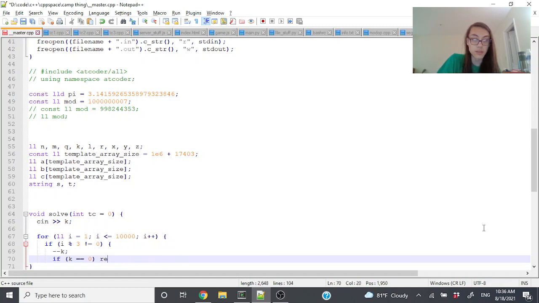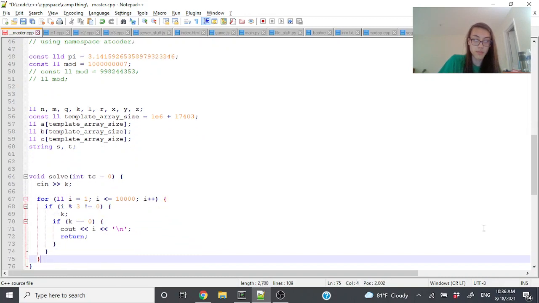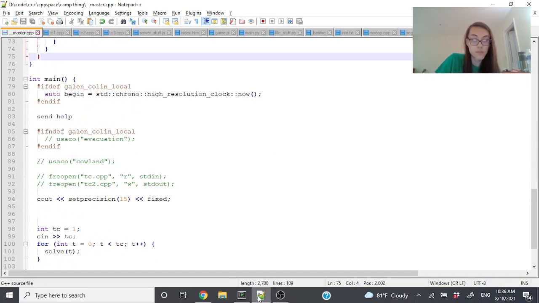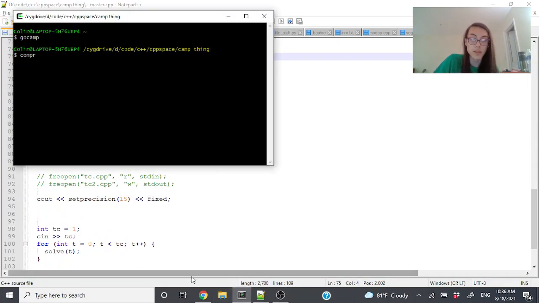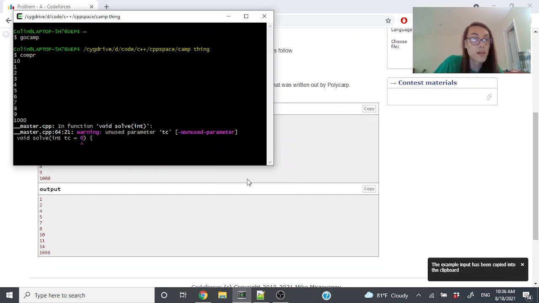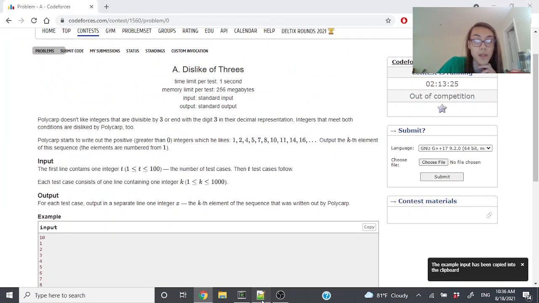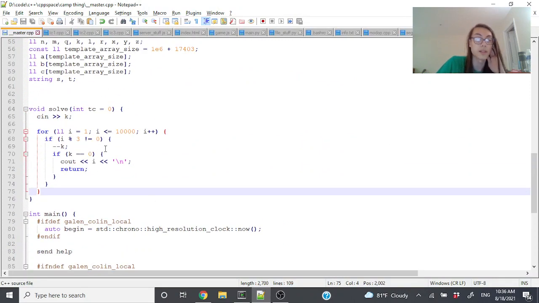Alright, let's not do that. And then basically we're just implementing it because the constraints are small. What? Oh, have the digit 3. Okay.